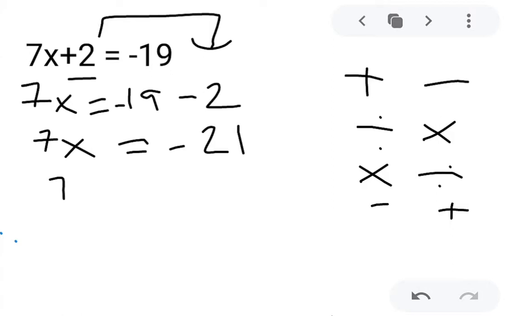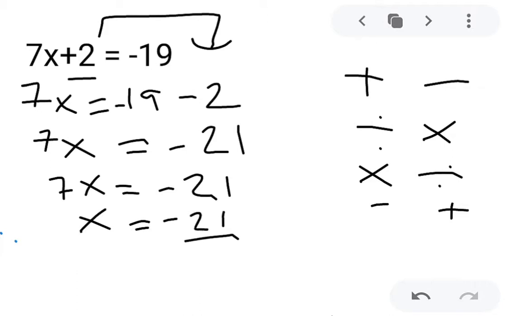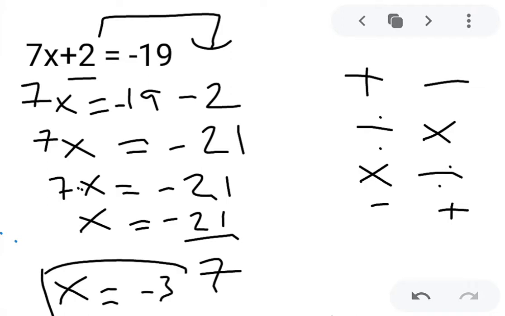Now 7x is minus 21, so x becomes minus 21 divided by 7. Why? Because here no sign is there, it represents multiply. So ultimately you will get x is equal to minus 3.